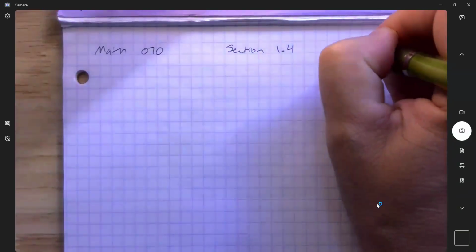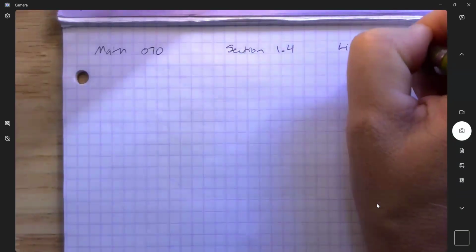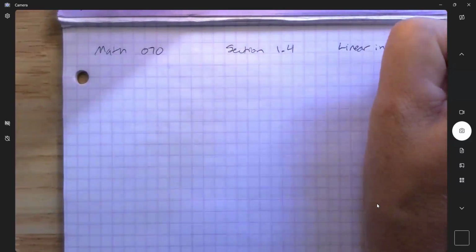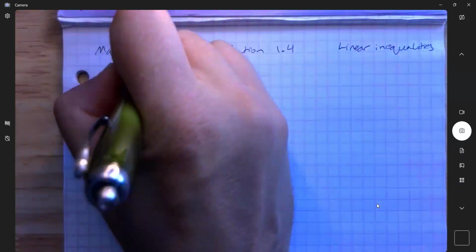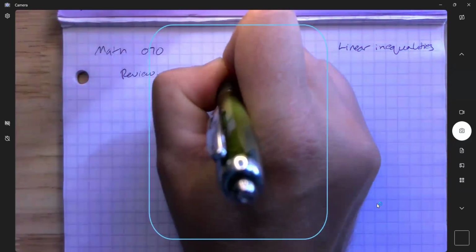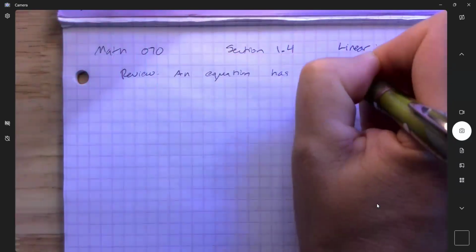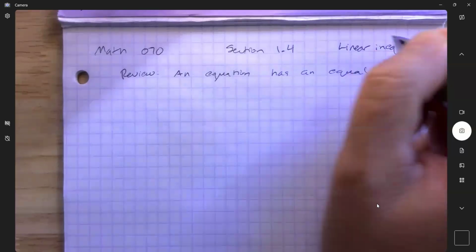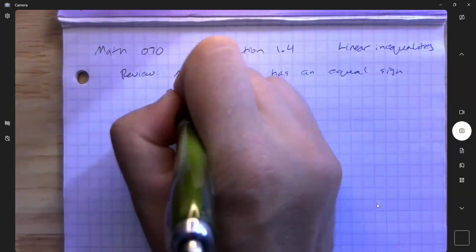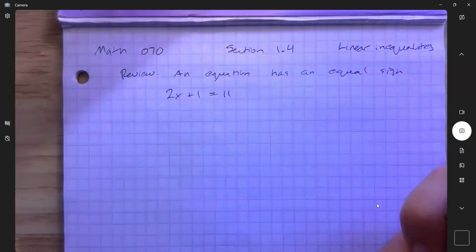It's called Linear Inequalities. So just a quick review, an equation has an equal sign, like 2x plus 1 equals 11.